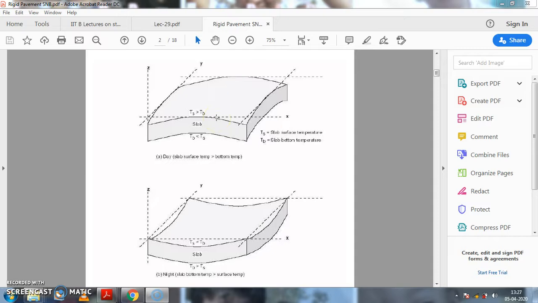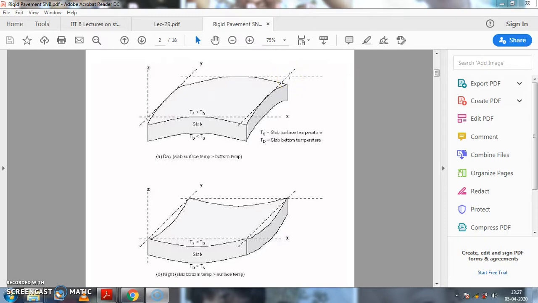The restraint will tend to bend it back into its original shape, and as a result bending stresses are created at the bottom, and compressive stresses would occur at the top of the slab.